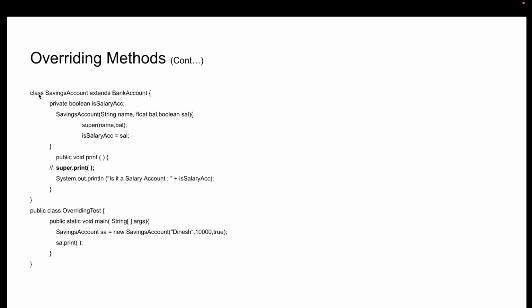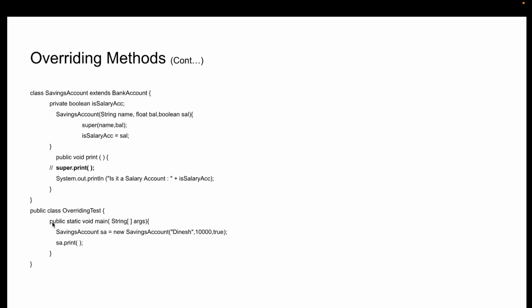We have a child class called savings bank account, which is extending the bank account, and so we are creating another print method here. Let's say this super dot print is commented out as of now, and we are printing out this one.